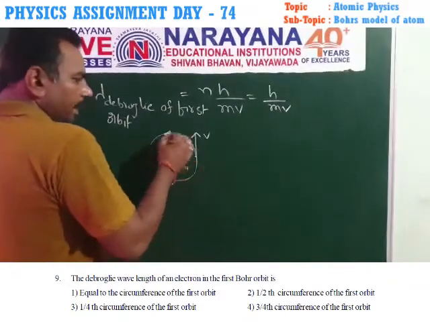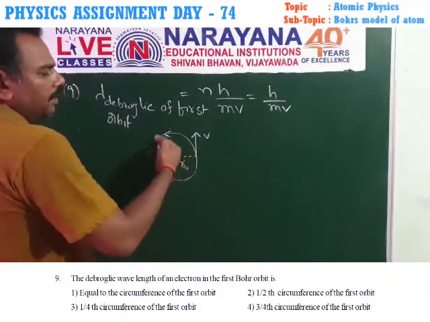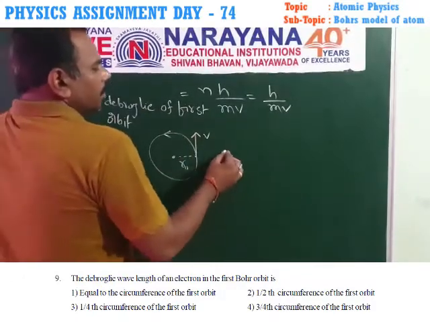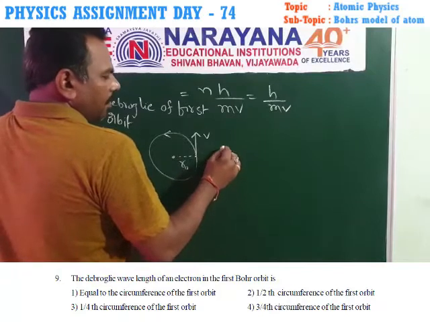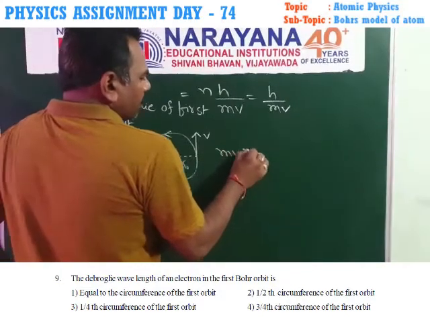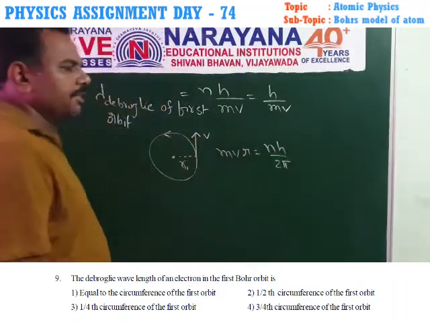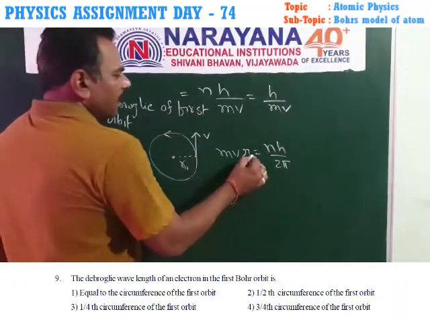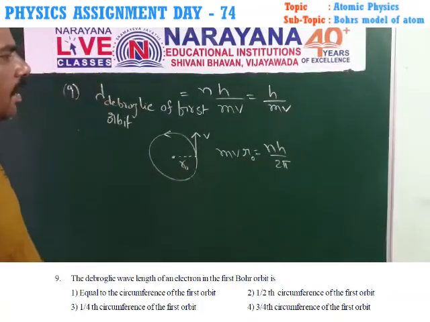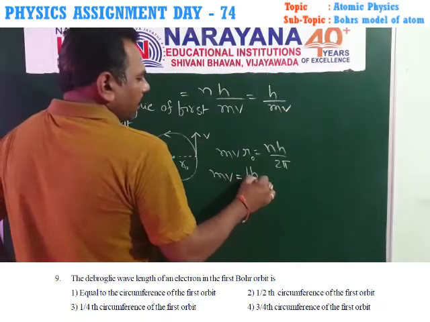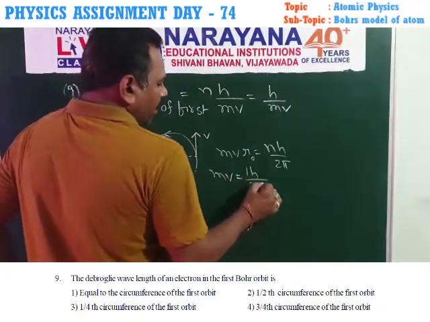But according to wave theory, the wave velocity V is there here. So angular momentum mvr is equal to n into h by 2 pi. R is r naught only. From this, mv is equal to, for the first orbit, 1 into h by 2 pi r naught.